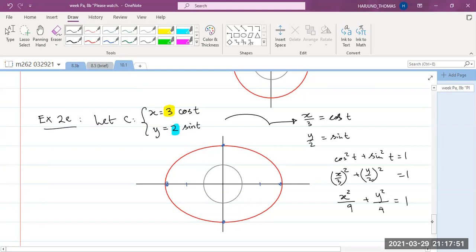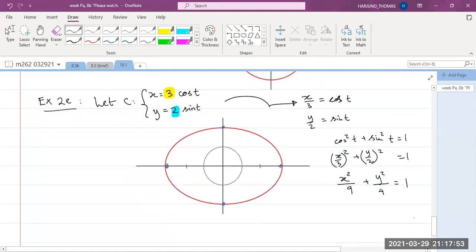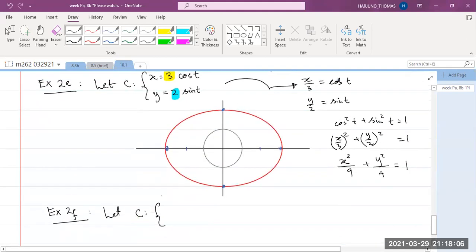Now, what happens if we add a constant to x and y? Let's say C is, I will do it algebraically first, okay? x equals, let's say, -4 plus 3 cosine t, and y equals, let's say, 1 plus 2 sine t.